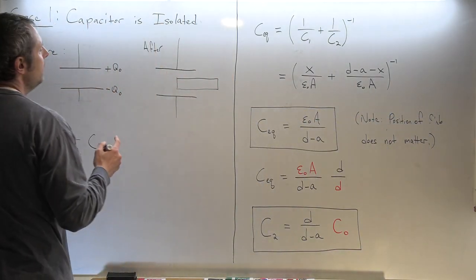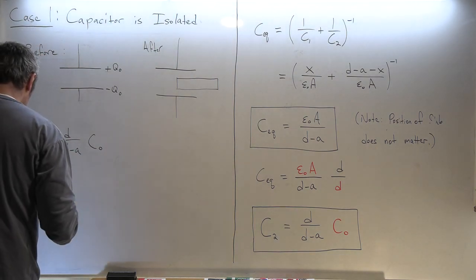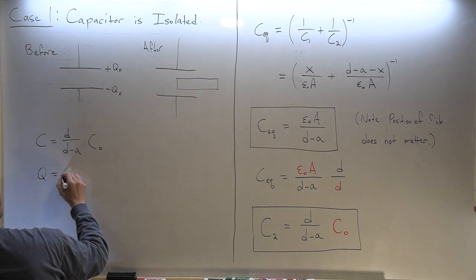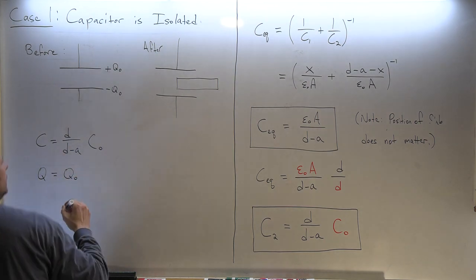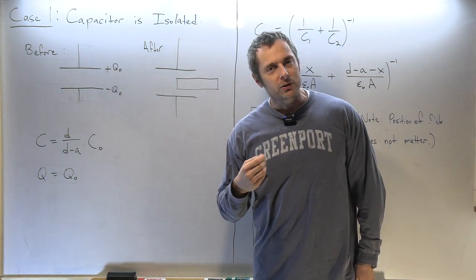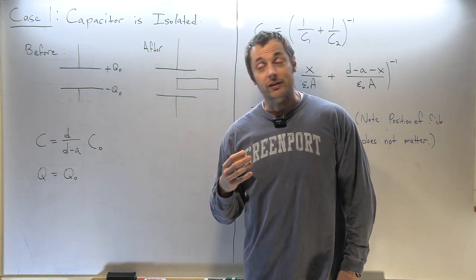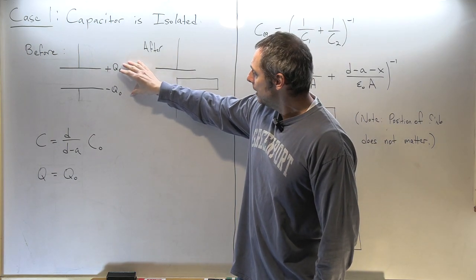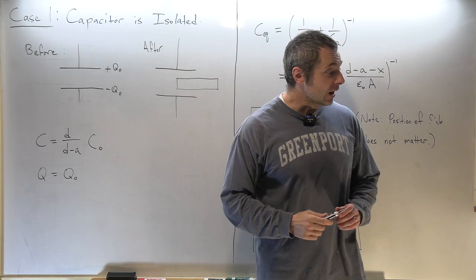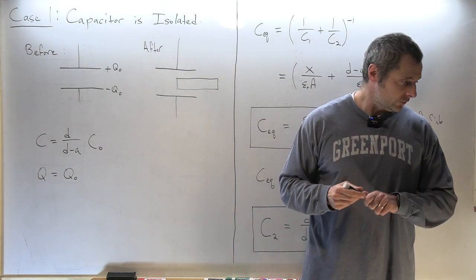Another thing that we know is that the charge does not change. How do we know that? We said the capacitor was isolated. If we put the charge here, there's nowhere for it to escape to, or nowhere for more charge to come from some other source.